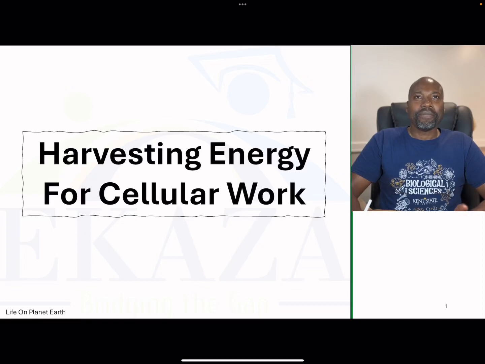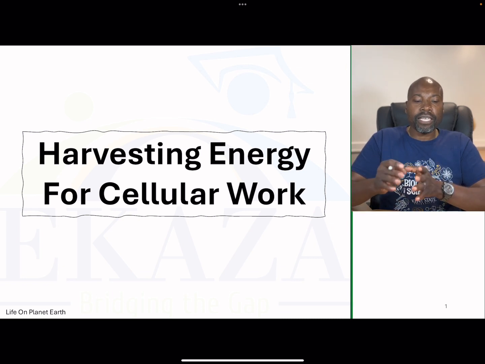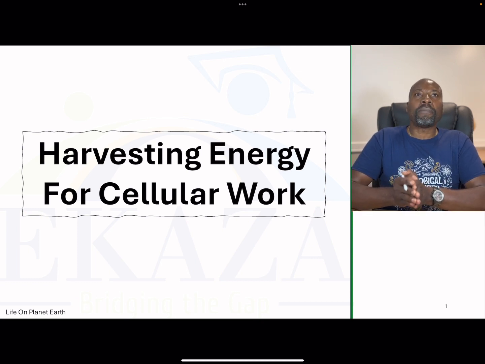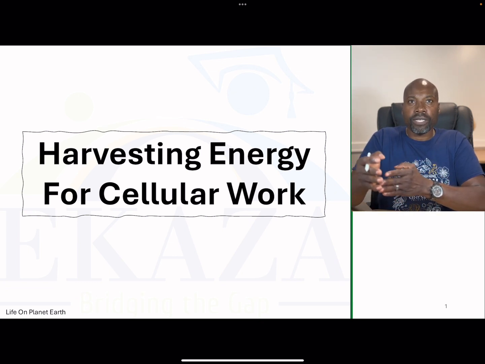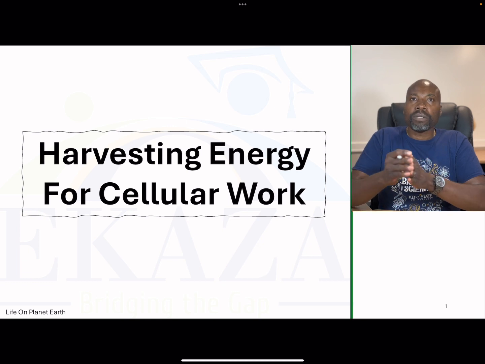Hello everyone. In this chapter of Life on Planet Earth, we are going to address the harvesting of energy that is needed for cellular work. In the previous chapter, we talked about the form of energy that the cell needs to fuel cellular work. That energy, we called it ATP, adenosine triphosphate, right?